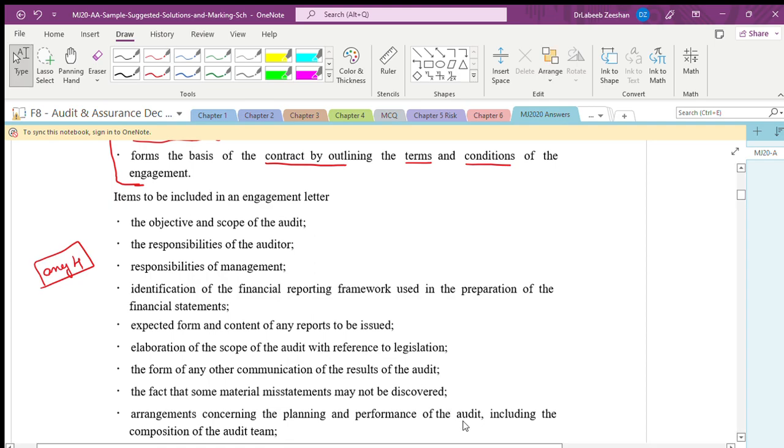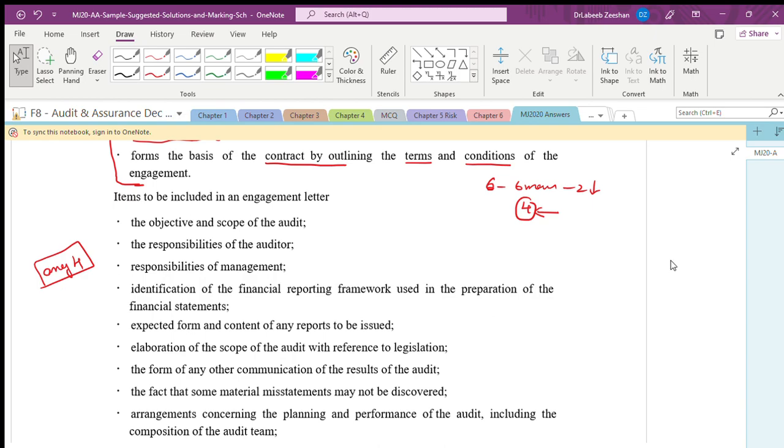Otherwise, see the things. If they are asking you 6, and it will be assumed it is for 6 marks, and you are writing 4, automatically you are losing 2 marks. Or by default, you are giving away 2 marks to them. And again, from these 4 marks, how much they will give, we don't know.